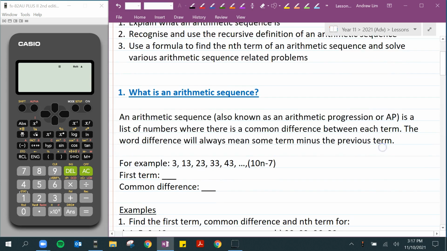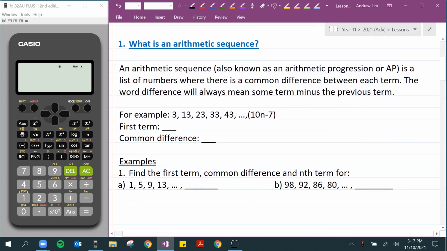So what is an AP? An AP is a list of numbers where there is a common difference between each term. The word difference will always mean some term minus the previous term. So here we've got a sequence, 3, 13, 23, 33, 43, etc. The first term is 3.